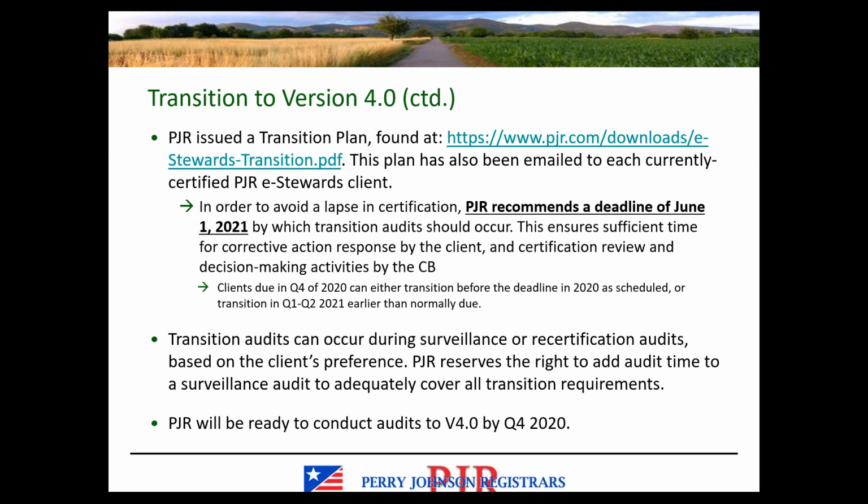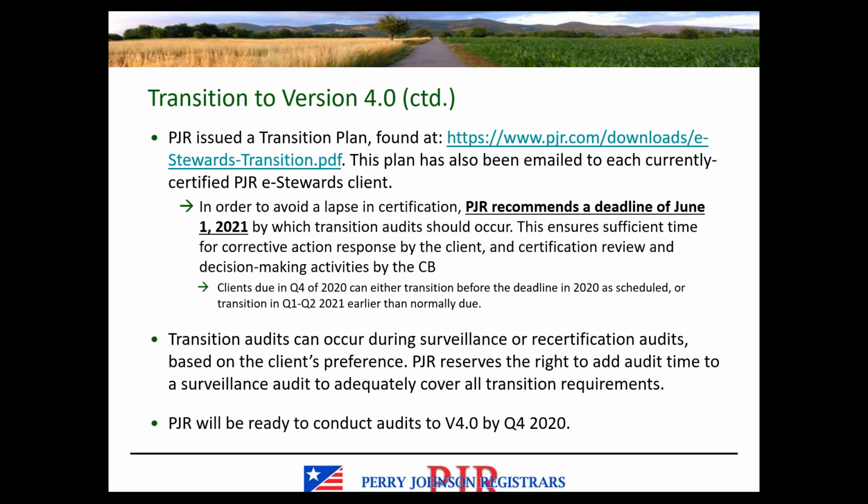So our transition plan reflects an internal deadline for PJR clients to transition, or to have their audit, by June 1st of 2021. This will allow for sufficient time for corrective action responses, our internal package review process, and the decision-making activities that go on behind the scenes before that final draft of the certificate is in our client's hands.